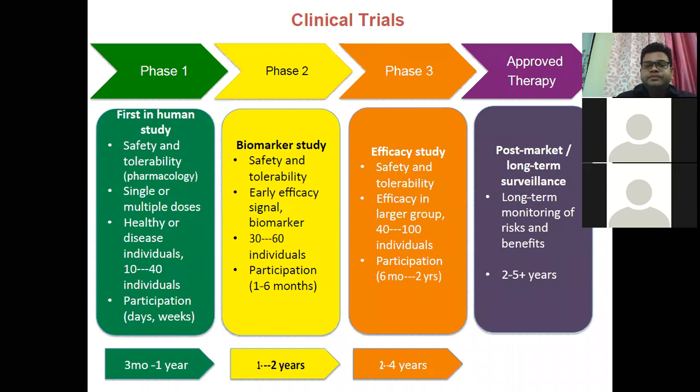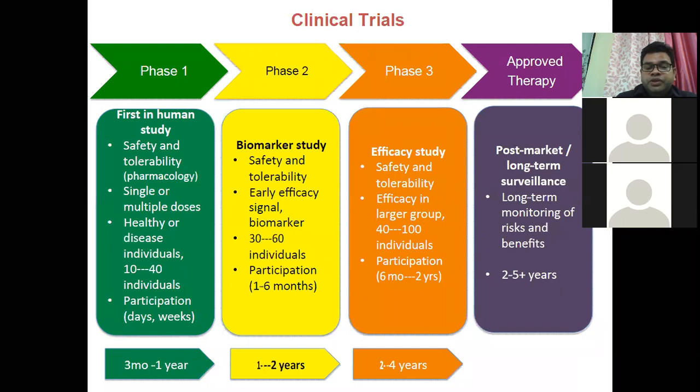So these are the basic phases of clinical trials. In the first phase, it is a first-in-human study, looking at safety and tolerability and pharmacology. Single or multiple doses will be given to healthy or diseased individuals, with 10 to 40 individuals participating.